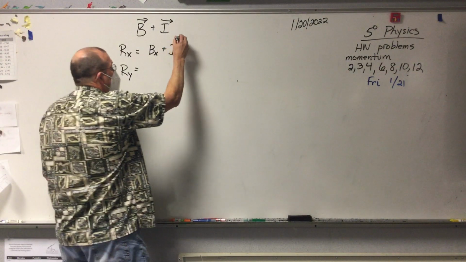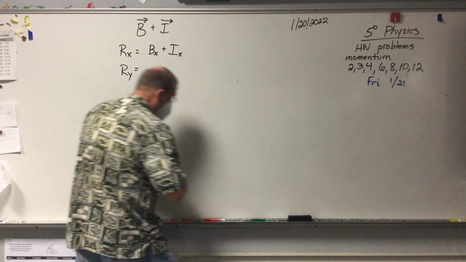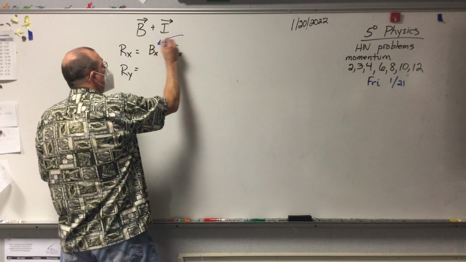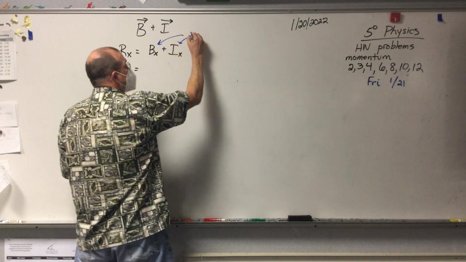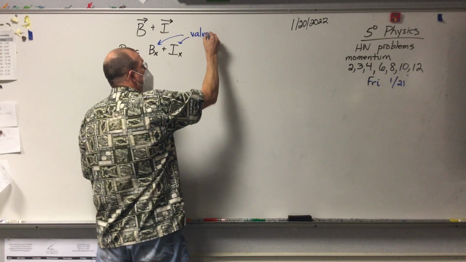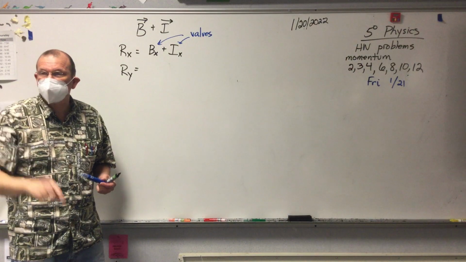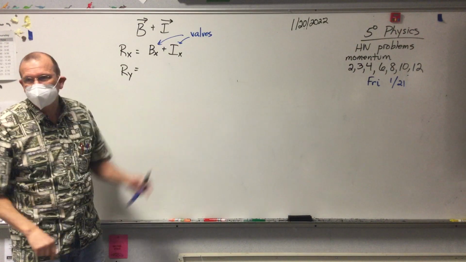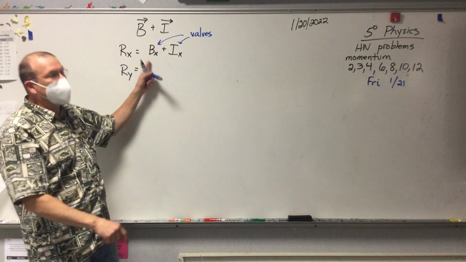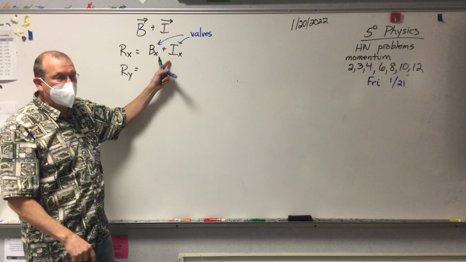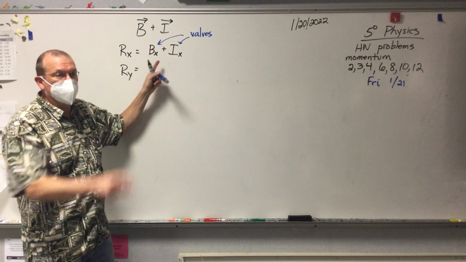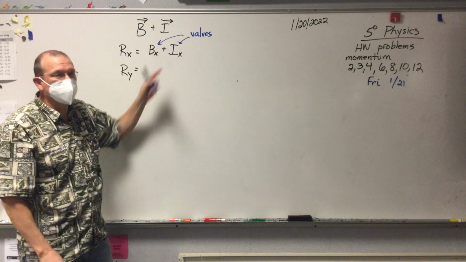I'm going to do this in a different color. You do not have to write this out, but I want you to put the values from that sheet that you have right there into this, so that you don't have to write out bx plus ix, but I want you to write the numbers from that sheet that you have in this place here.